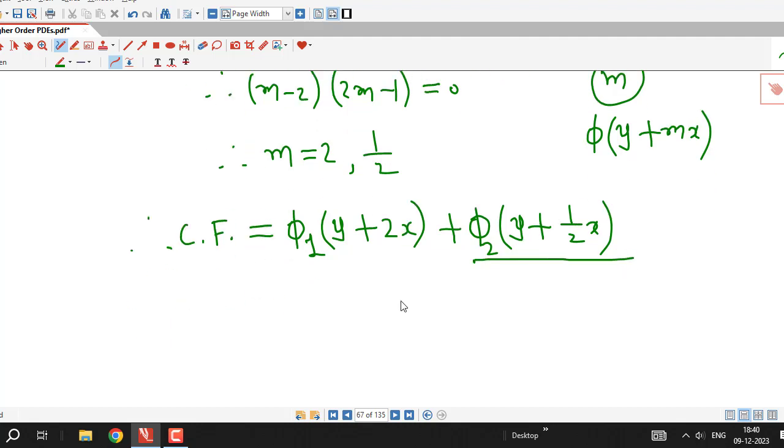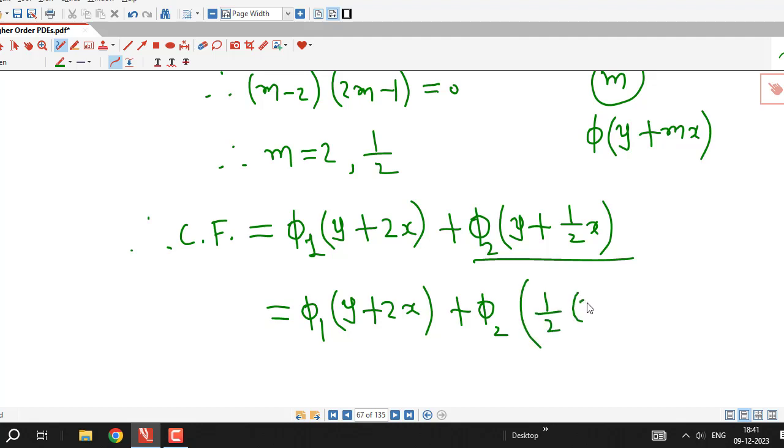This we can rewrite in another form also. This I keep as it is, an arbitrary function of y + 2x, and for the other, if I take 1/2 common, I can write it as 2y + x. So this is also a function of 2y + x.